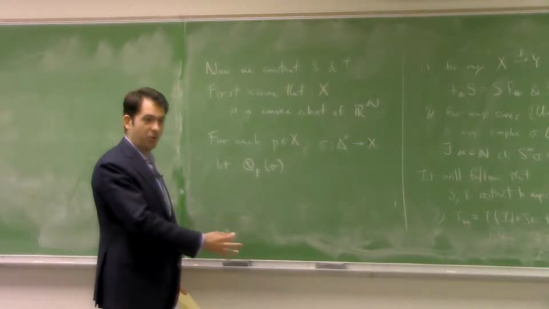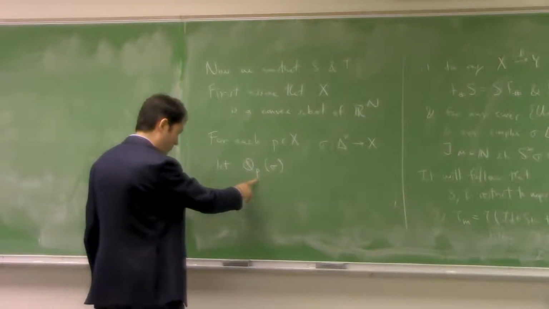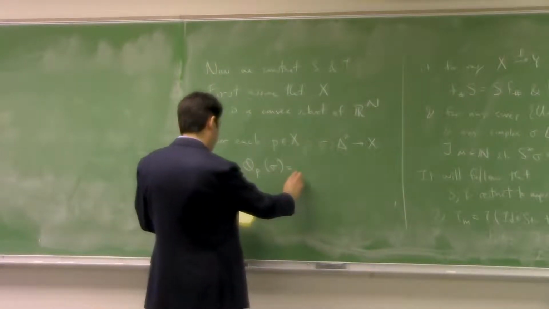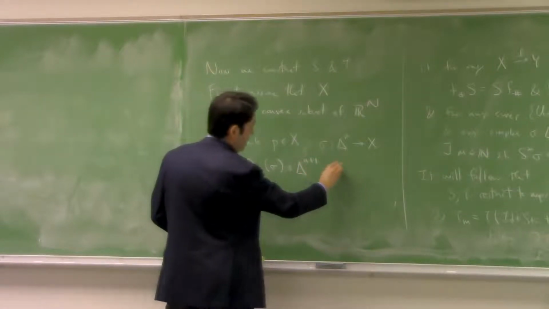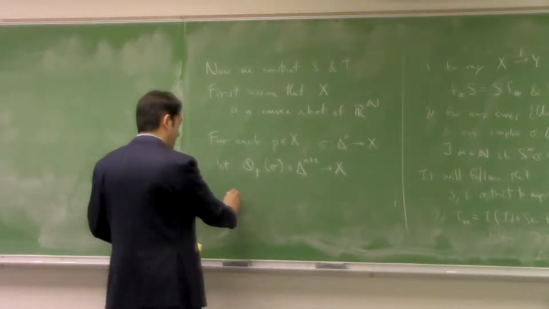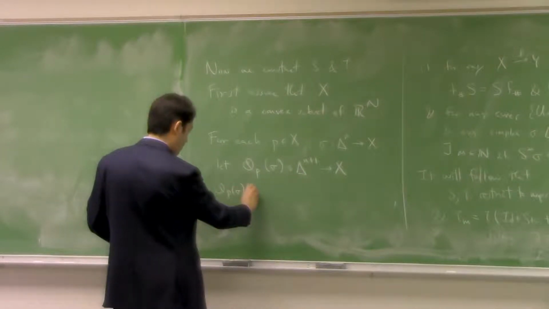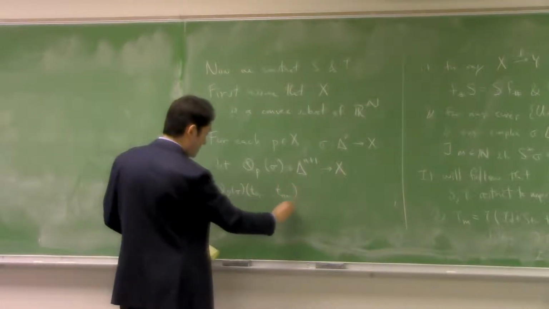So Q will work for cone. So the cone on sigma with vertex P is going to be a map from the n+1 simplex to X. And so what it does to a point T0 to Tn+1.